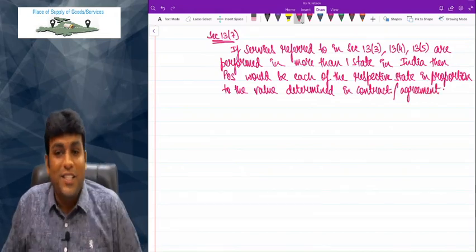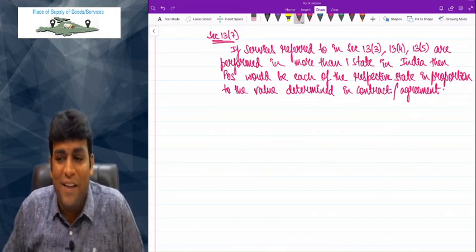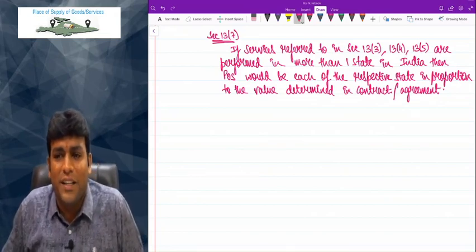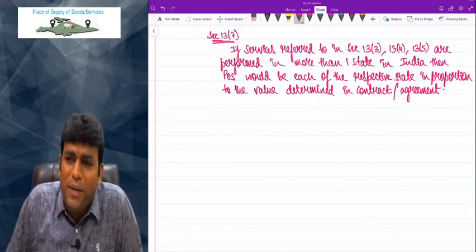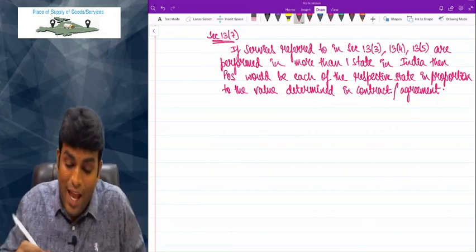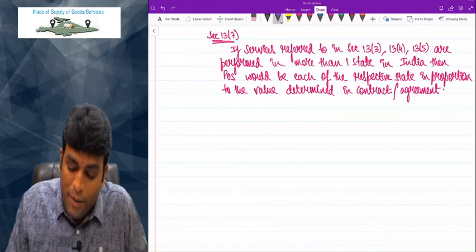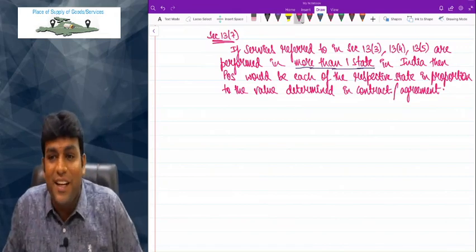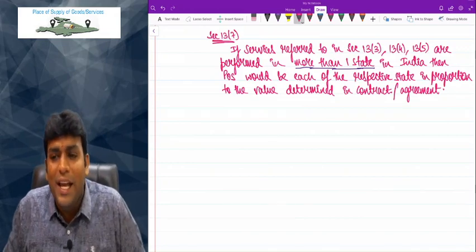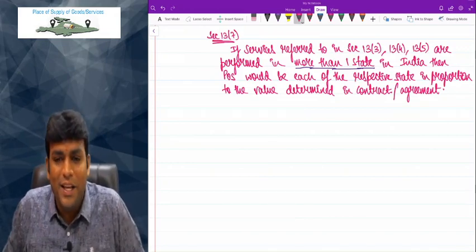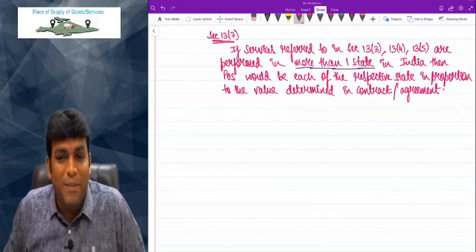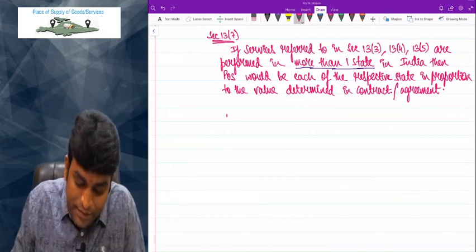Such an interesting language. Already we learned this language in section 12. If services referred to in 13.3, 4, 5 are performed in more than one state in India, then POS would be each of the respective state, in proportion to the value determined in the contract or agreement.